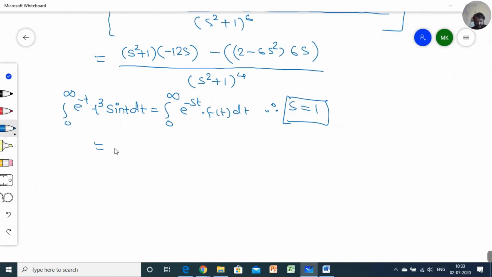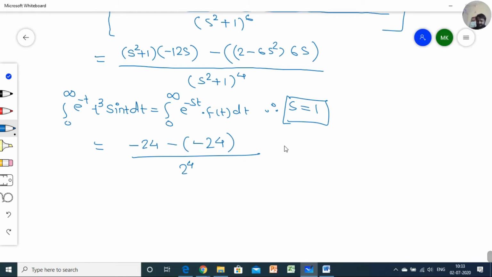When I substitute s equal to 1, this becomes 1 plus 1, 2, minus 24. In the numerator I will get 2 minus 6, that is minus 4, and minus 4 into 6 becomes minus 24. In the denominator you substitute 1 plus 1, that is 2 raised to power 4.